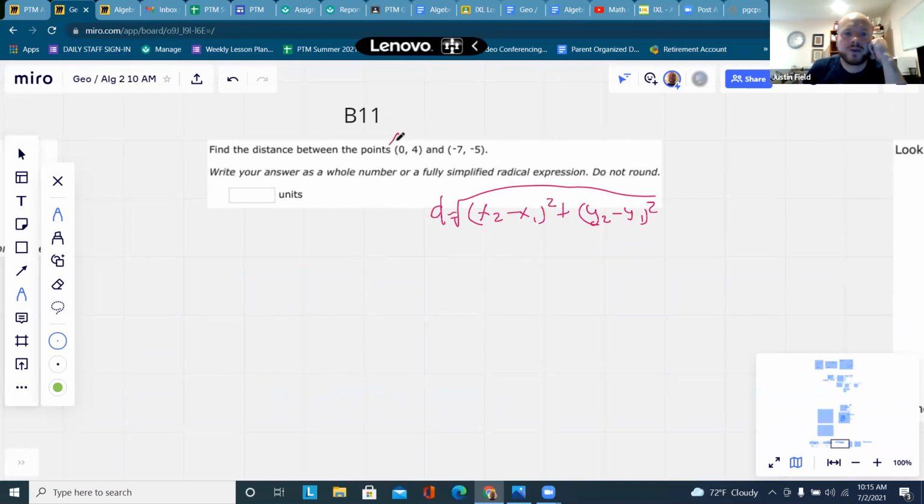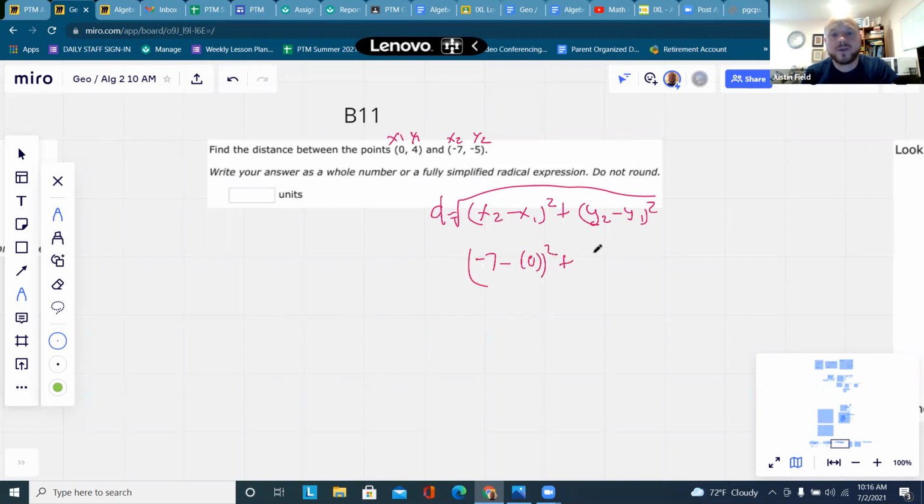So we're going to go ahead and label x1, y1, x2, y2, just like you do with the slope formula. So x2 is -7 minus 0 squared.